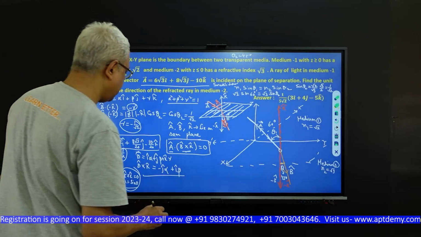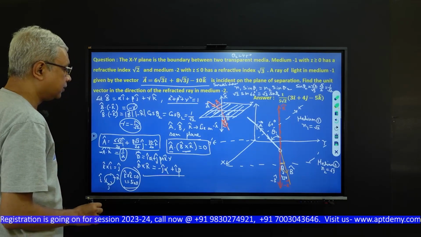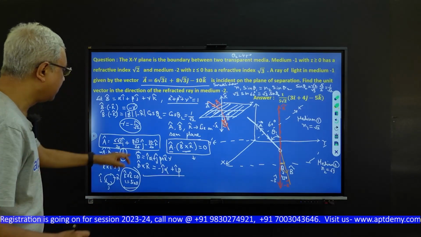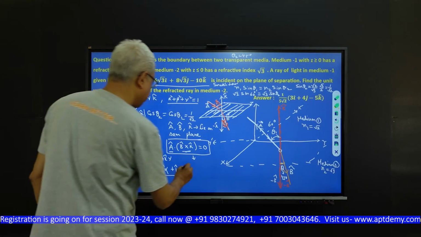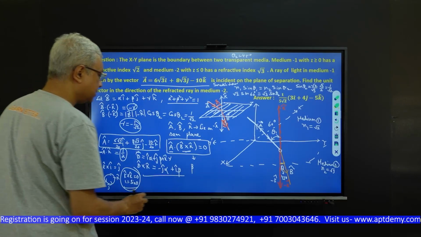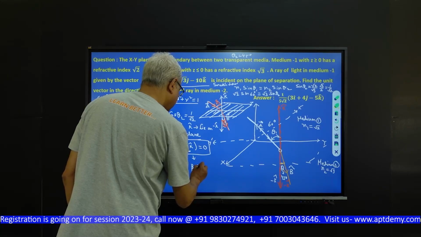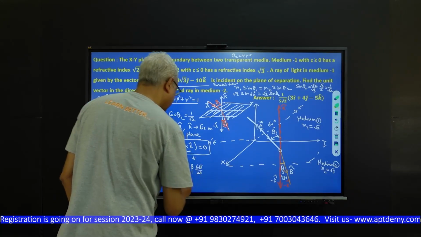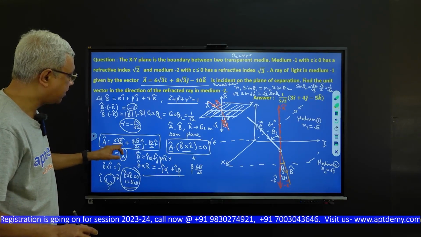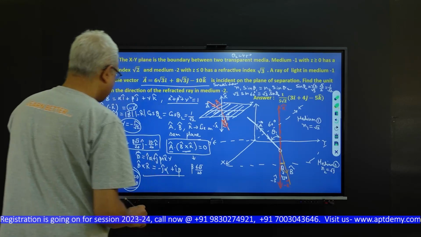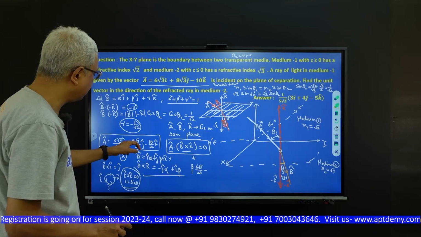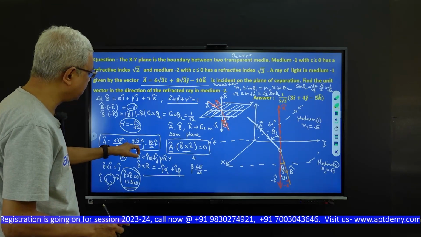So a cap dot b cap cross k cap is how much? This is beta times 6 root 3 by 20 I cap dot I cap, which is unity, minus j cap alpha dot product with 8 root 3 by 20 j cap.